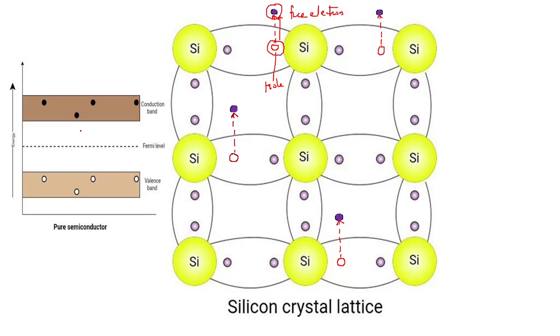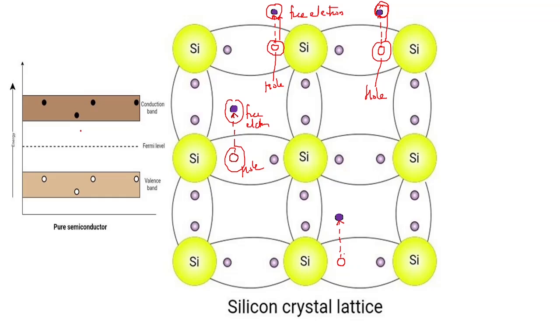Even here you can see the electron which has come out has become a free electron, and this is assumed as a hole. Even here, this has become a free electron, and this is assumed as a hole. Here too, the electron has broken the covalent bond at normal temperature and become a free electron, and this is a hole.